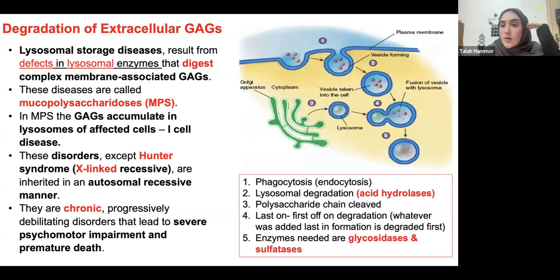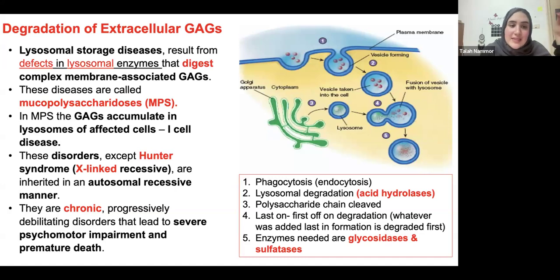Basically, what breaks down the membrane-associated glycosaminoglycans? Lysosomal enzymes. So if we want to break down the GAGs, we bring lysosomal enzymes. And if we have defects in the lysosomal enzymes, we won't be able to break down the GAGs, and they will accumulate, and this will result in the formation of lysosomal storage diseases.